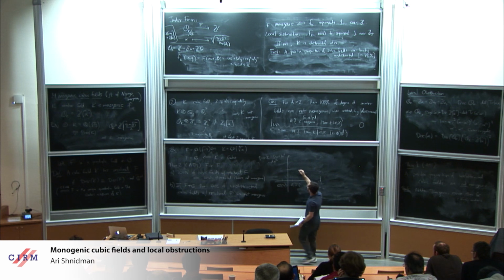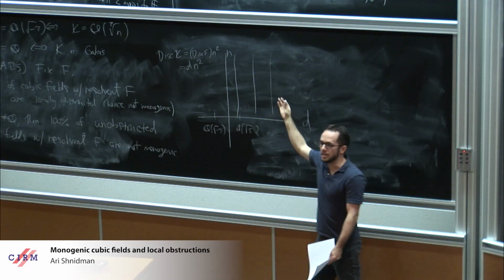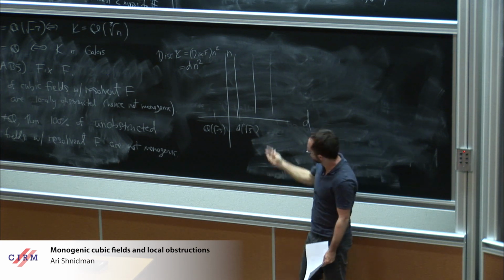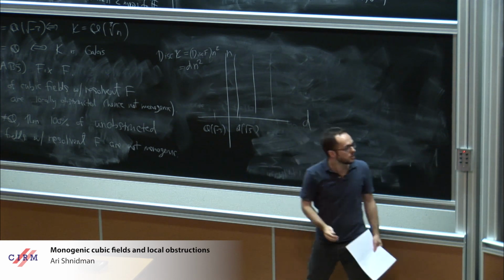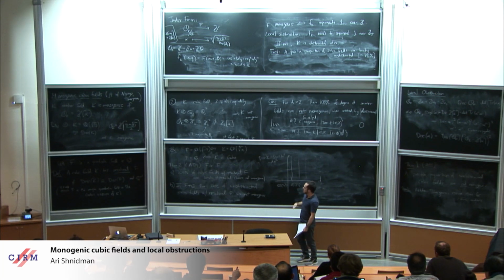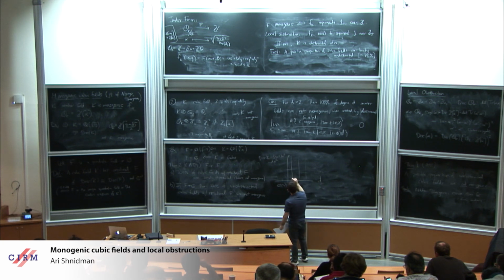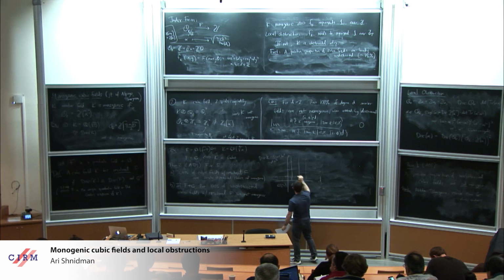The second theorem is looking at vertical lines that cover the entire space. And it says on each vertical line, something much stronger is true, that 100% of these cubic fields are not monogenic, even if you only look at those unobstructed ones. But things are weird in this kind of picture. For example, you could look at n equals 1, and then look at this cross-section of cubic fields.